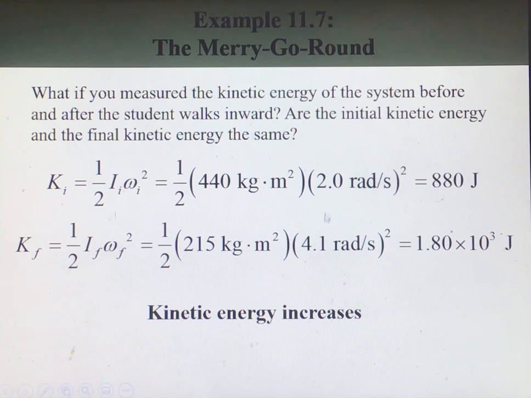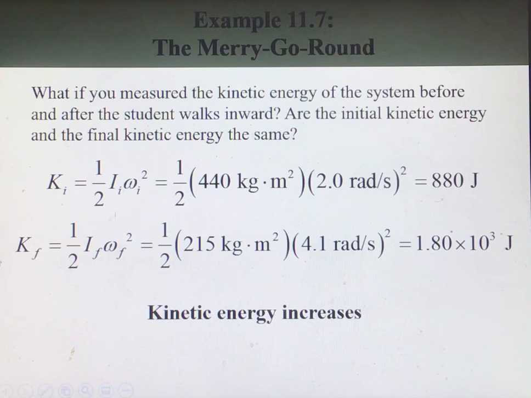This is almost like a 100% increase in the angular speed. Going from 2.0 to 4.1 is almost a 100% increase in speed. Meanwhile, there is some decrease in the moment of inertia, from 440 to 215.